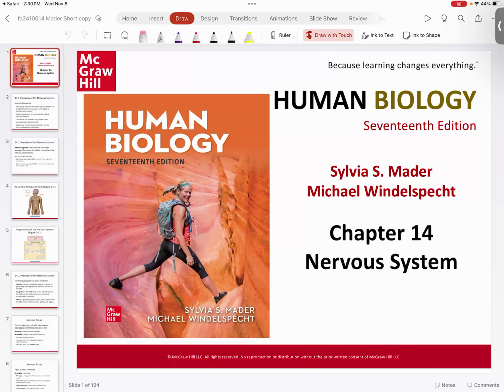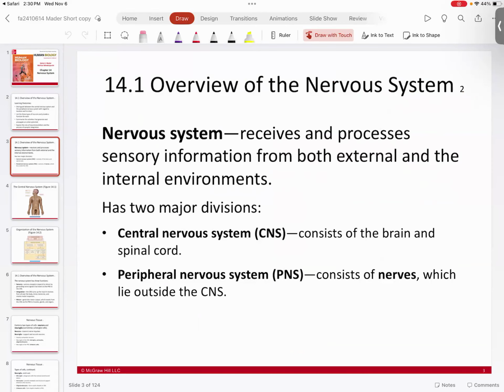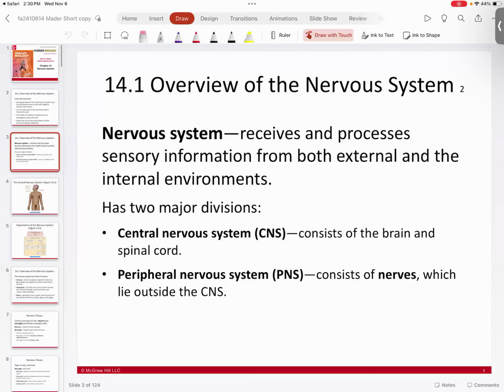Okay, so nervous system. So there's a lot going on in the nervous system. It's a huge, huge chapter. But there's a lot of pieces to the nervous system. So we'll take a look at this one.